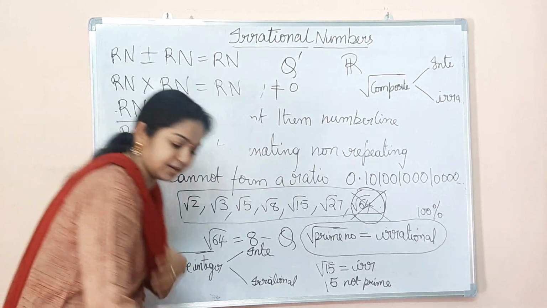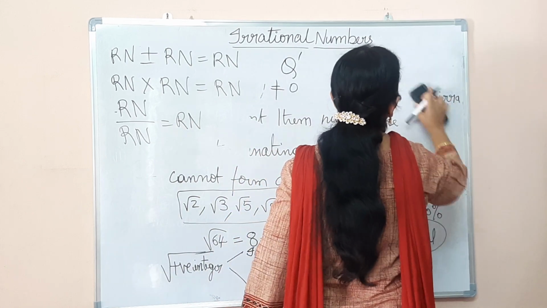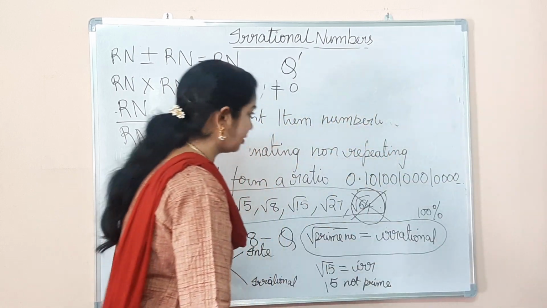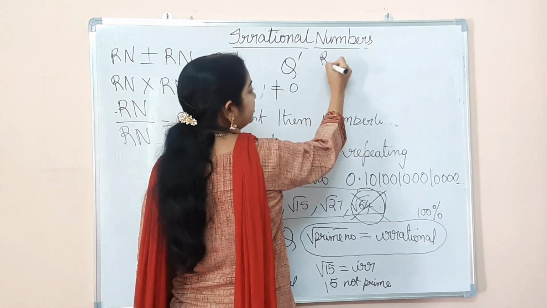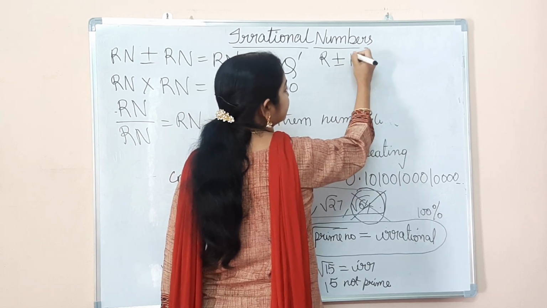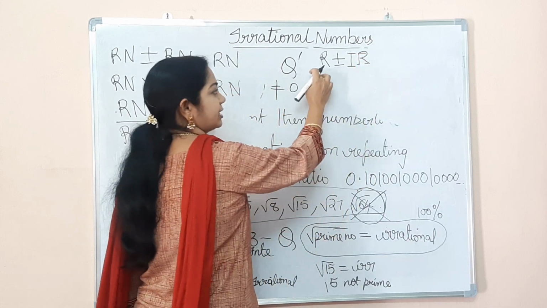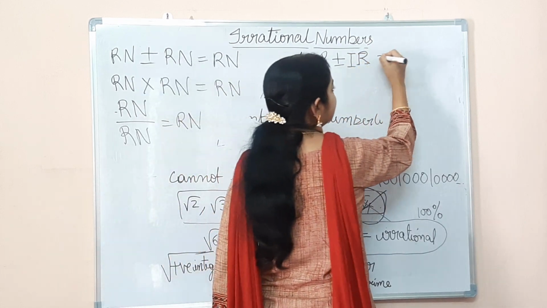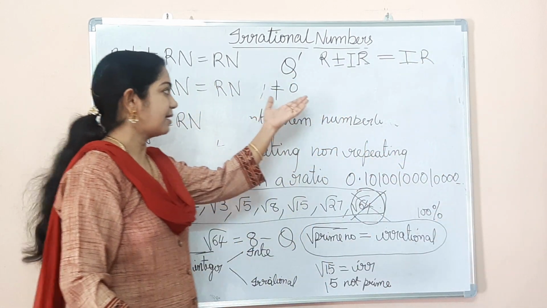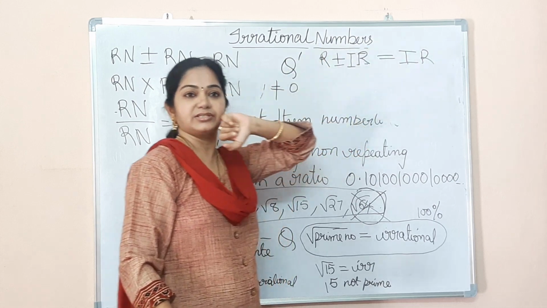When we look at irrational numbers, let us go through a few problems, because we are having problems regarding rational and irrational numbers. If you take a rational number plus or minus an irrational number, the result is surely irrational. The sum or difference of a rational and irrational number is an irrational number.